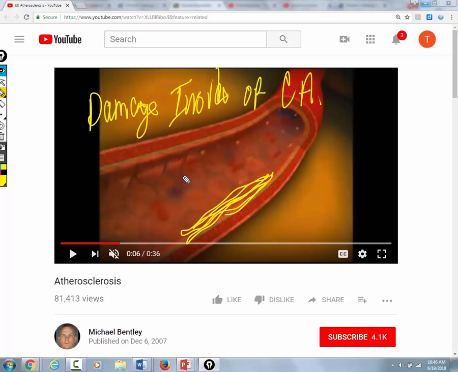And the cholesterol that builds up inside that artery is the bad cholesterol called LDL, lousy cholesterol. Say yeah. And over time, you will start building up more and more cholesterol inside that coronary artery.